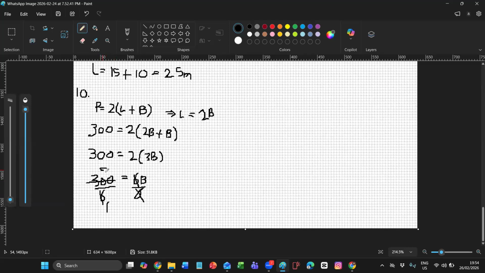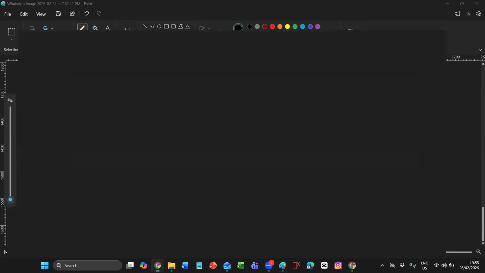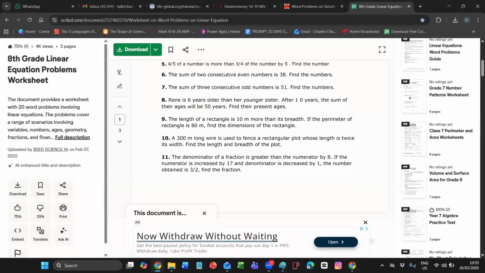So B equals 50. I think the unit is also meters. Let me confirm that. Okay, it's also meters.